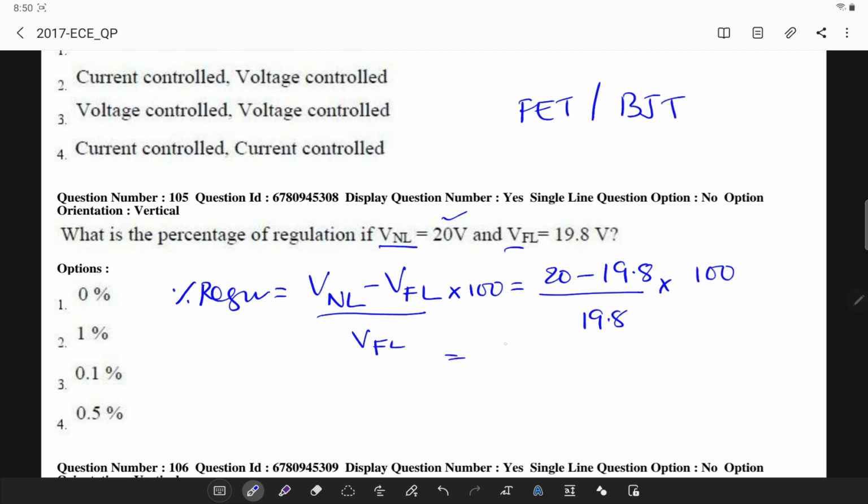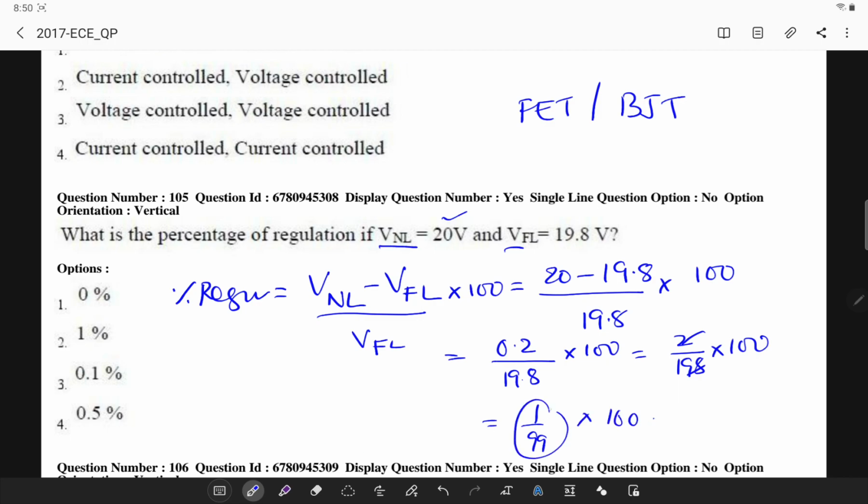This comes to 0.2 divided by 19.8 into 100, or simply 2 by 198 into 100, or 1 by 99 into 100. So this is simply, sorry, 1 by 100, which is 1%.